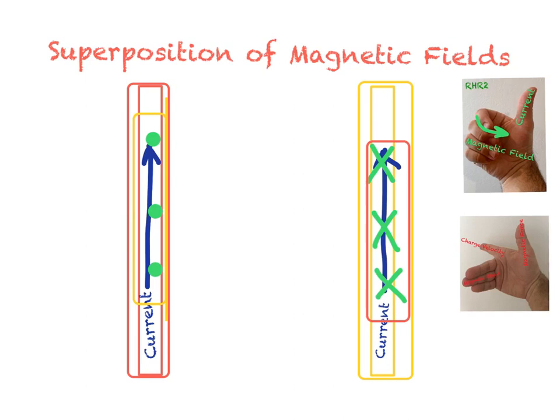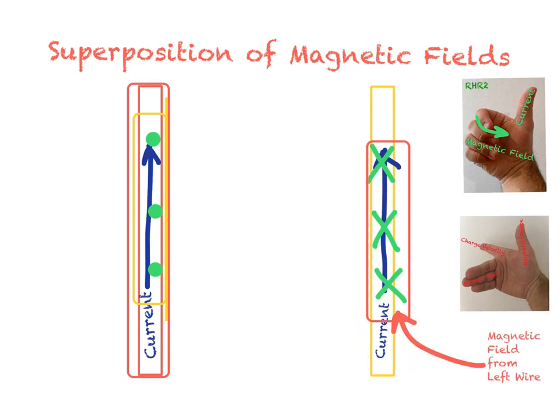So basically what I see now is that for the wire on the right, it is a current running up the plane of the screen and it is in a magnetic field that's directed into the page. Now that magnetic field is due to the wire on the other side. Now the wire on the left has a current directed also up the plane of the screen, but it's in a magnetic field that is pointing out of the page that is produced by the wire on the right.